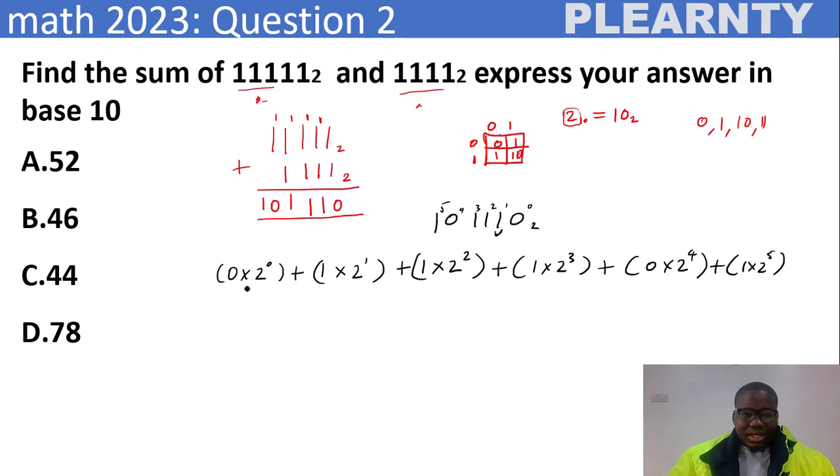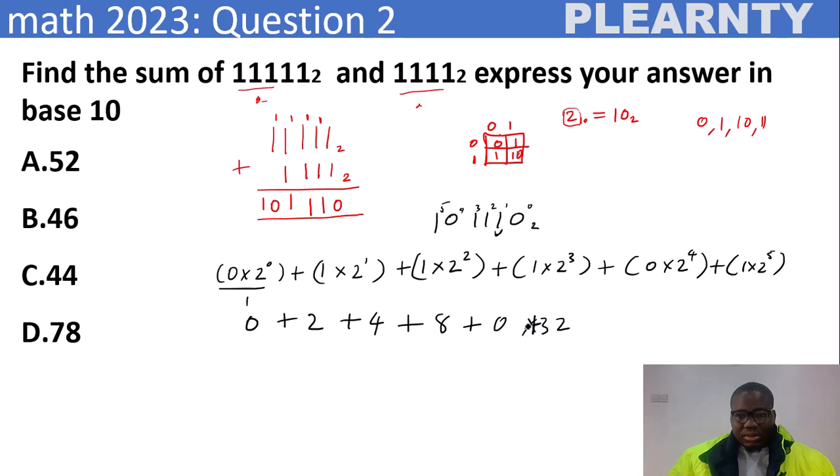So when we add this together, anything raised to power 0 is 1, then times 0 gives us 0. So this is 0, plus 2 raised to power 1 is 2 times 1, still 2, plus 2 raised to power 2 is 4 times 1, that's 4, plus 2 raised to power 3 is 8 times 1, 8, plus 2 raised to power 4 is 16 but times 0 is 0. 2 raised to power 5 is 32 times 1, that's 32.